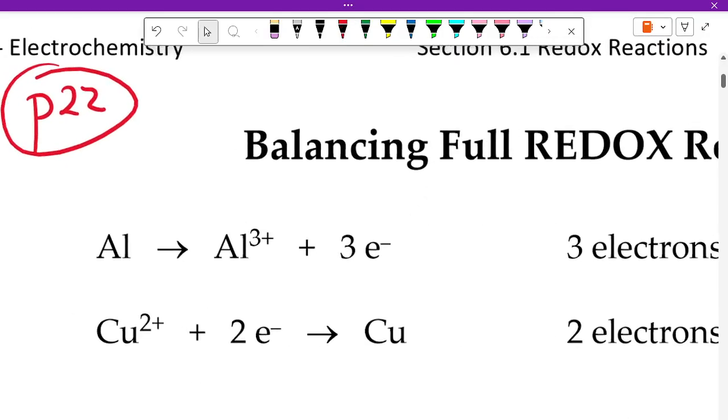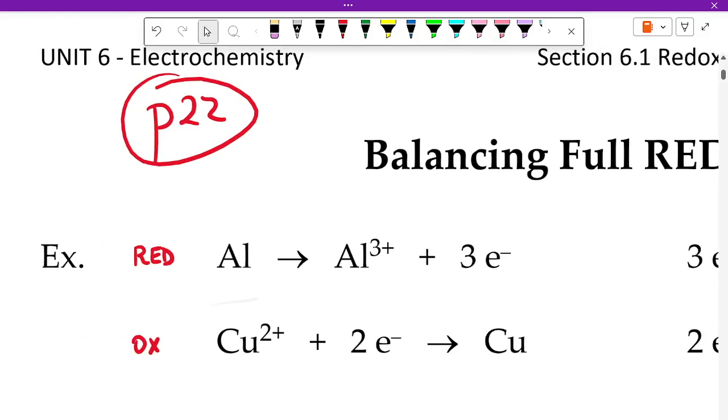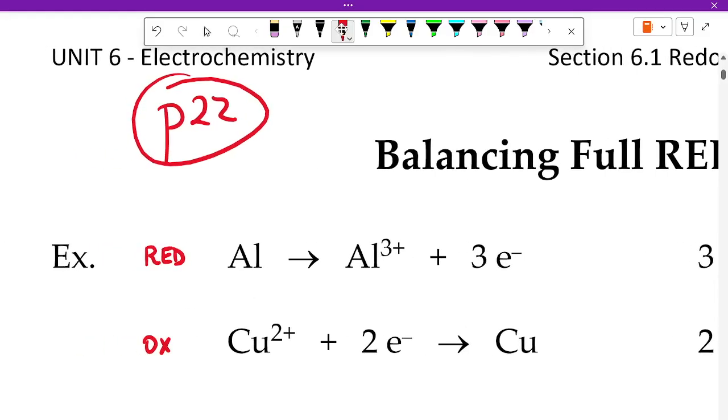First of all, we have our reduction. And we have our oxidation. And these are our half reactions, yes? So I have a balanced half reaction and I have a balanced half reaction, yes?